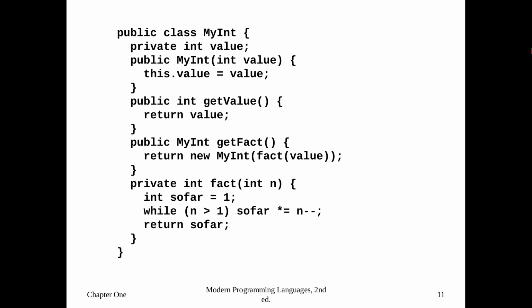So we create a new class called myInt. Basically what we're doing here is it holds an integer value, right? And we can get the value of that value. We can also calculate the factorial by calling getFact, which creates a new myInteger with the factorial of the given value for the current myInteger, right?